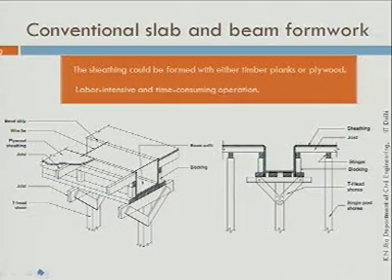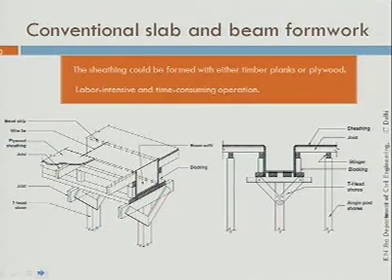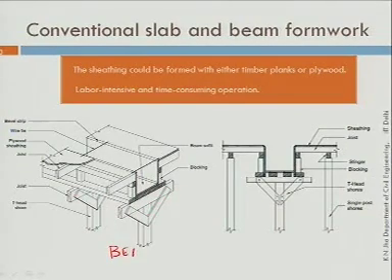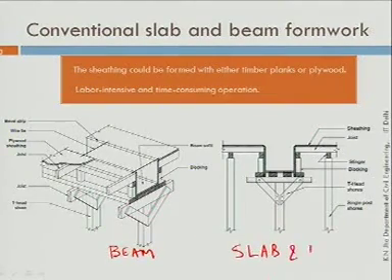Going to this conventional slab and beam formwork, I have given you some views through which you can try to understand how things are done in conventional slab and beam formwork. This you can notice, this is for beam, and this sketch shows both for slab and beam.